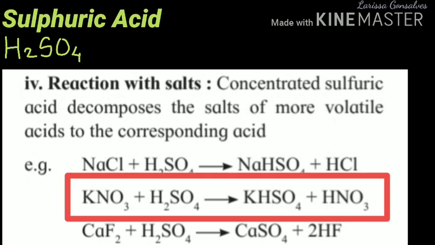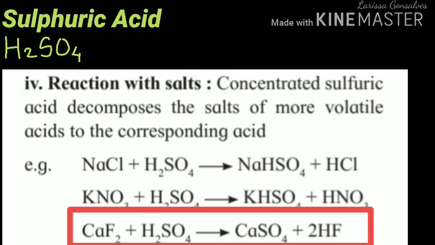In the second reaction, potassium nitrate, that is KNO3, reacts with sulfuric acid to form potassium bisulfate along with nitric acid. Here the K plus combines with HSO4 to form KHSO4, and then the remaining combines to form the nitric acid, that is HNO3.